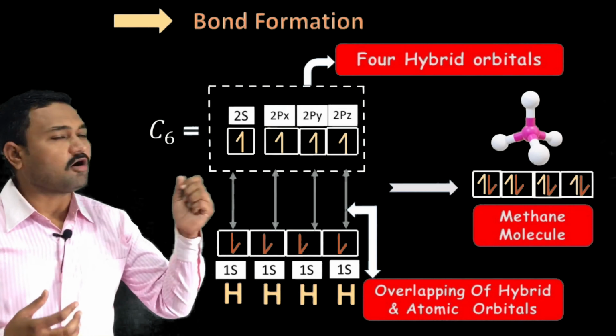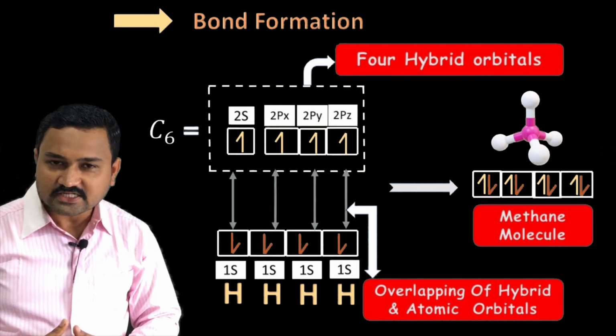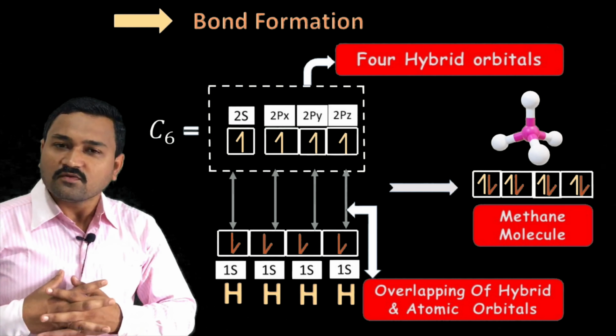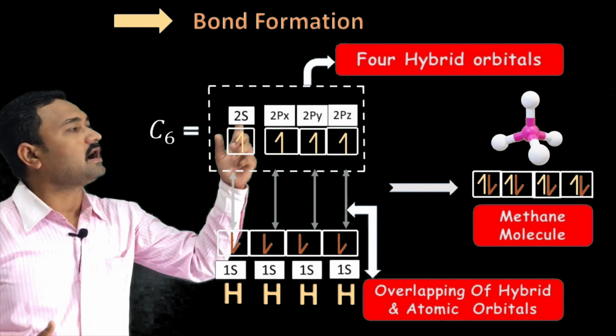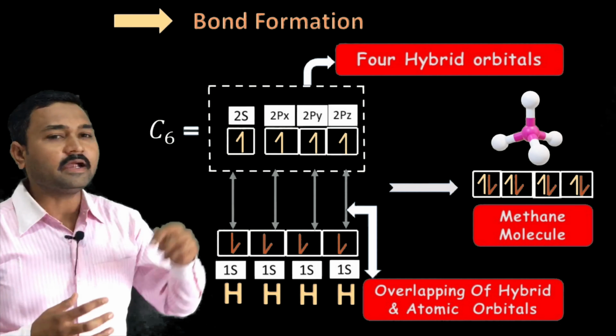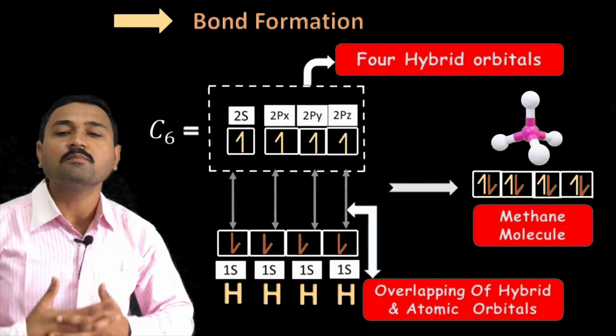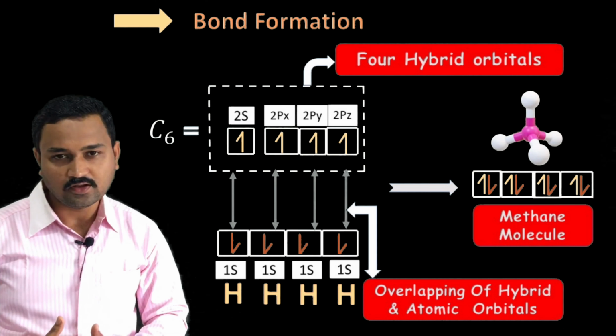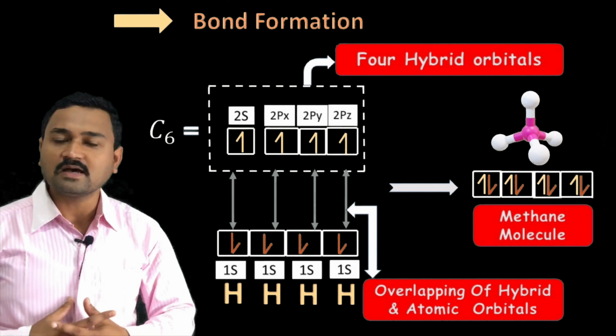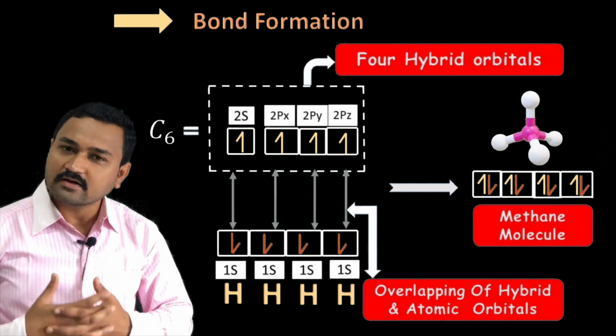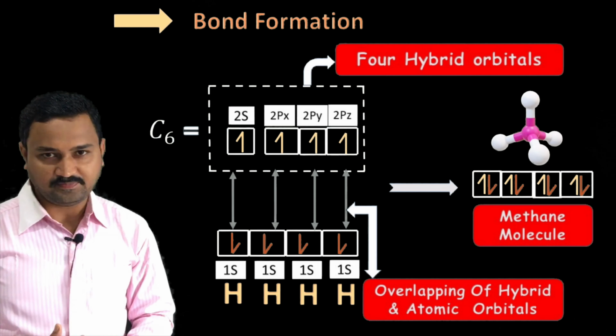Now here you can observe in this diagrammatic representation, these 4 hybrid orbitals of the carbon atom overlap with the 1s atomic orbitals of 4 hydrogen atoms and form the CH4 molecule. So this is a simple example by which we can consider the bond formation step here.